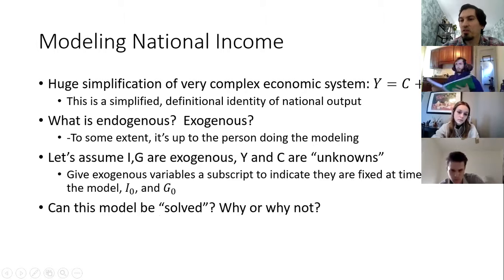Is it already solved? No. Unless Y is the only exogenous variable, then I suppose it's solved. If you know C and I and G, then Y is the only unknown, and that's a solution. But it becomes more interesting when there are at least two unknown variables, and we'll look at that.